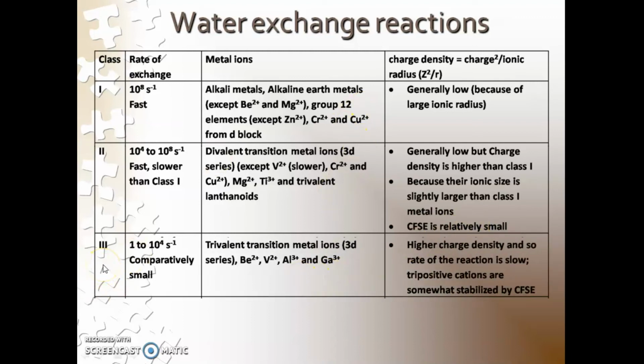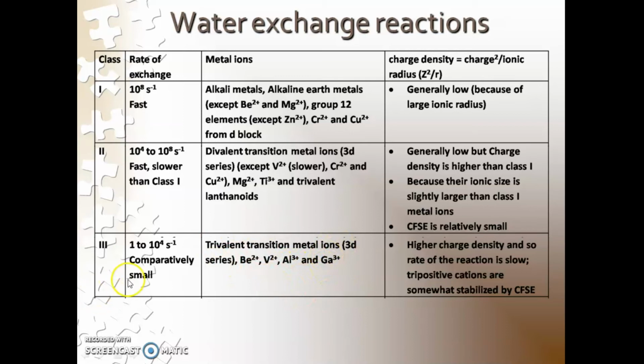The next one is class 3 metal ions. Now here the rate of the water exchange reaction is comparatively small. It is 1 to 10 power 4 seconds inverse. Now what are the metal ions that fall under this category? They are trivalent transition metal ions of the 3D series: beryllium 2+, vanadium 2+, aluminium 3+, and gallium 3+.